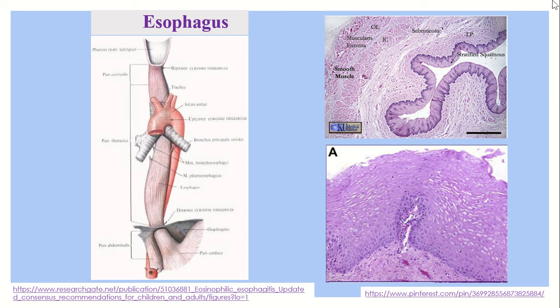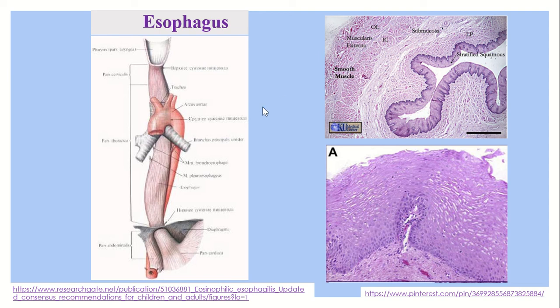And you know that the mucosa here in the esophagus is covered by stratified non-keratinized epithelium. Here you see, the mucosa also has the lamina propria and the muscularis mucosa. Then we see here the submucosa and the muscular layer that consists of inner circular and outer longitudinal layers.